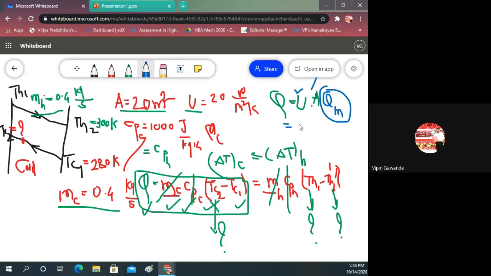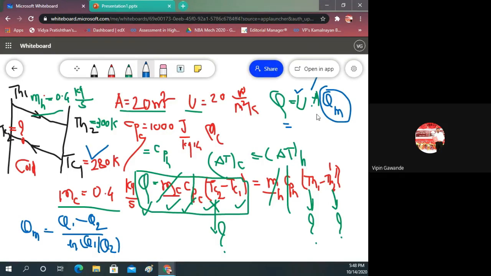We know the formula: theta m is equal to theta 1 minus theta 2 divided by ln of theta 1 by theta 2. In this case, theta 1 is Th1 minus Tc2, and theta 2 is known, but we can't calculate theta 1 this way.